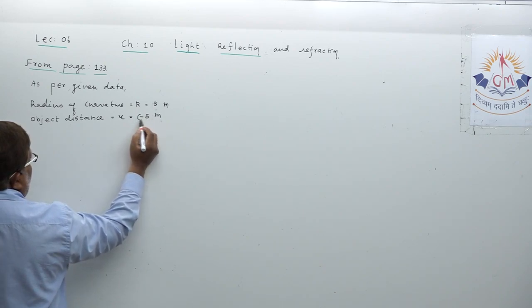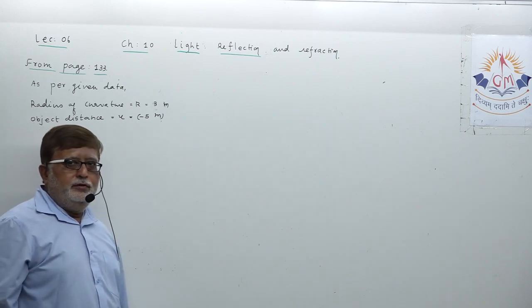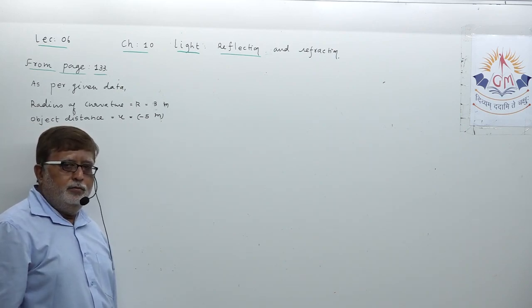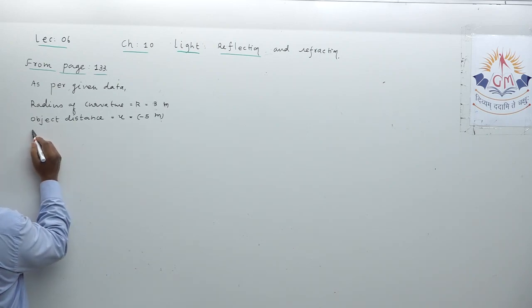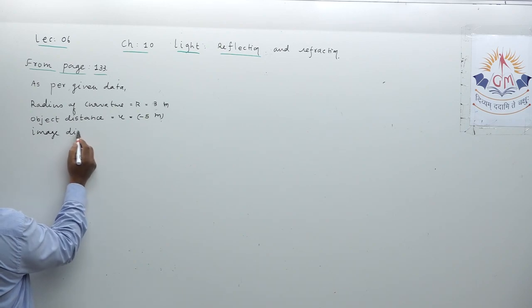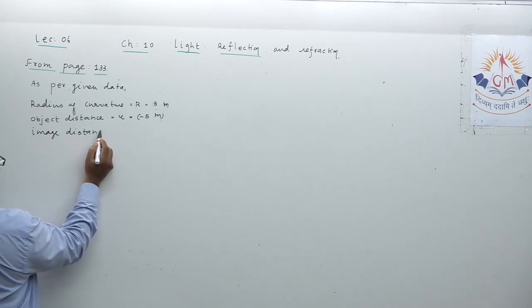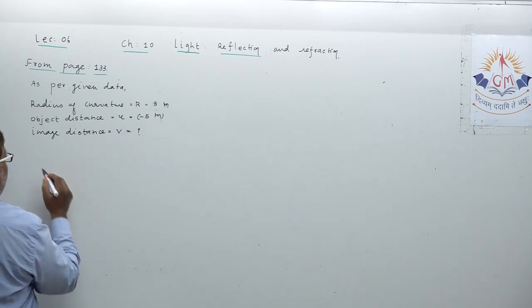Should I take it negative or positive? Always negative, dear student. No, it is unquestionable in case of any mirror. What are you looking for now? Image distance. Image distance you don't know, you need to find. So V equal to question mark.